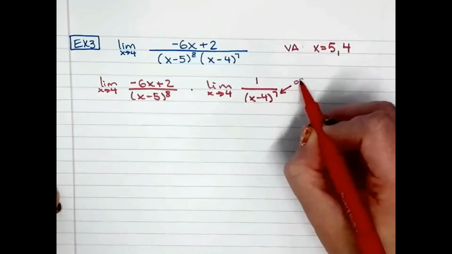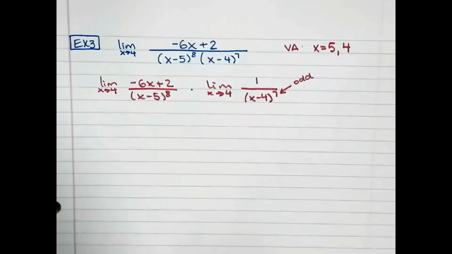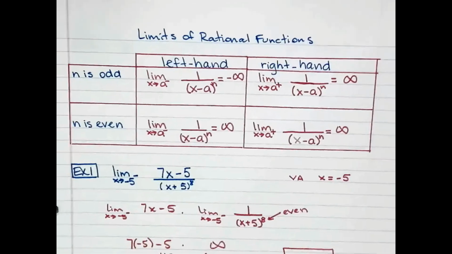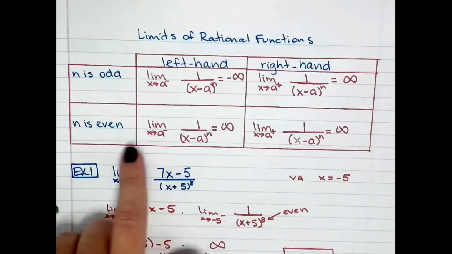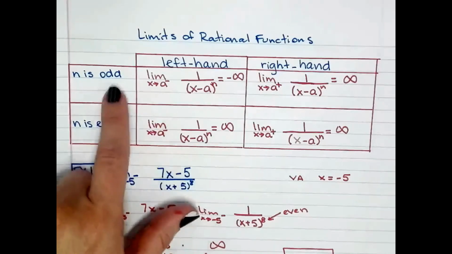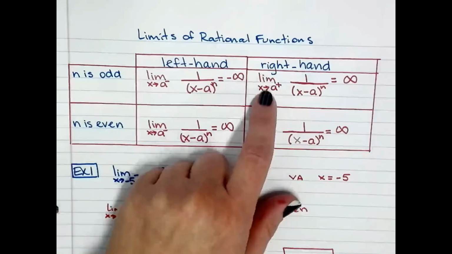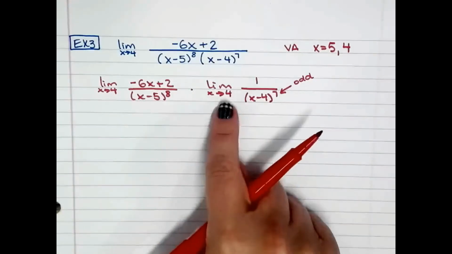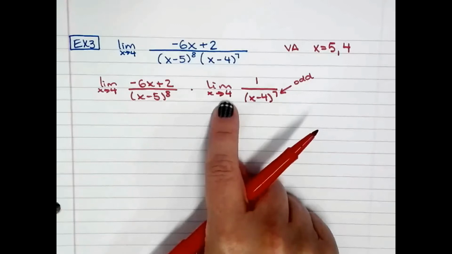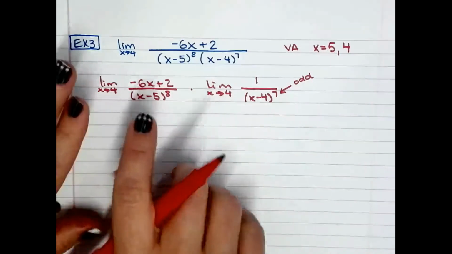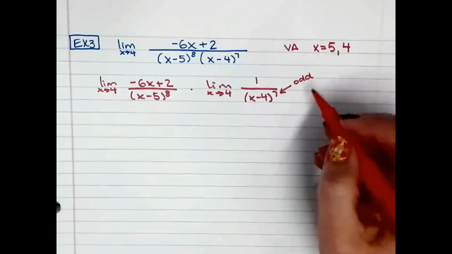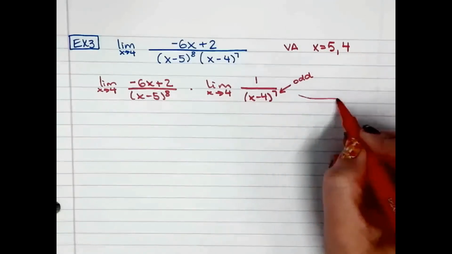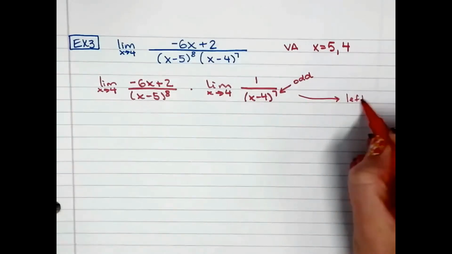7th power, that's an odd power. Is that right hand or is it left hand? Well, I don't know because it doesn't tell me. That means I have to find both. I'm going to put this on hold for now. So from here, I will open left hand limit.